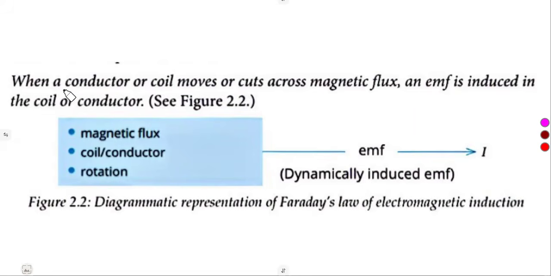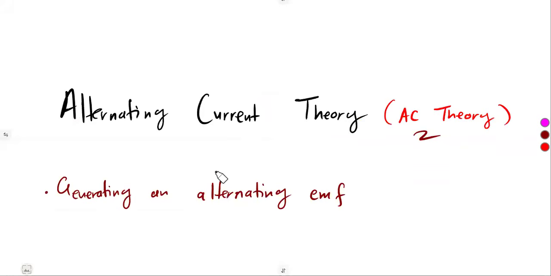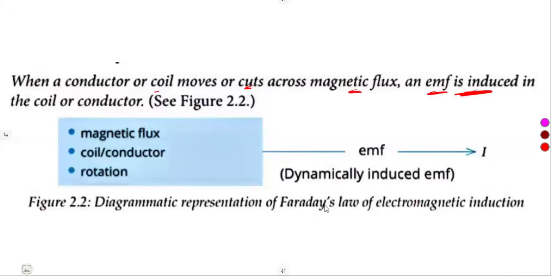We understand that when a conductor or a coil moves or cuts across magnetic flux, an EMF is induced. Remember, we are talking about the generating of an alternating EMF. So that is the induction. The EMF is induced in the coil or conductor.